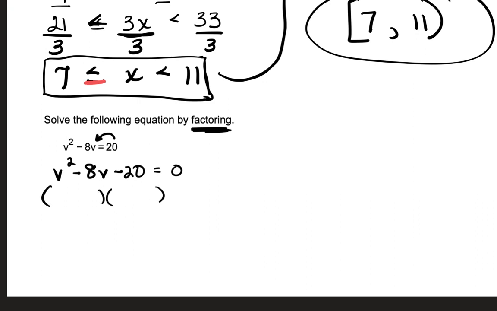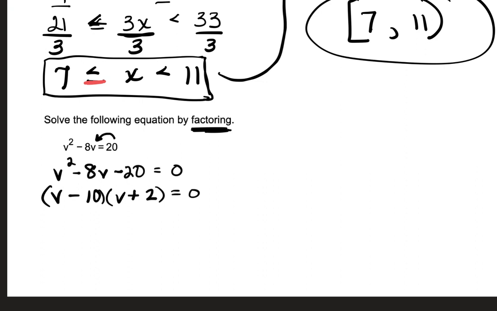It's just factoring quadratics. So let's see, we have v times v and 20. I'm going to do 10 times 2 because I know 10 minus 2 is 8. So let's get it all right. We need negative 8, so let's do negative 10 plus 2. So it factors.